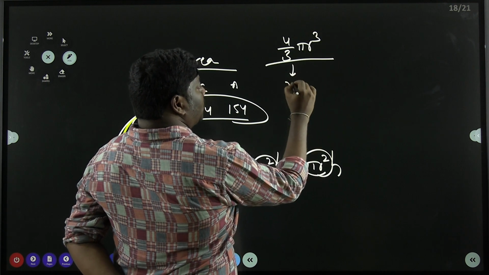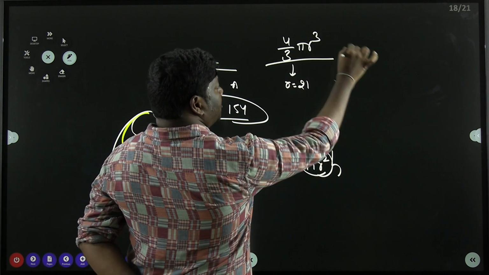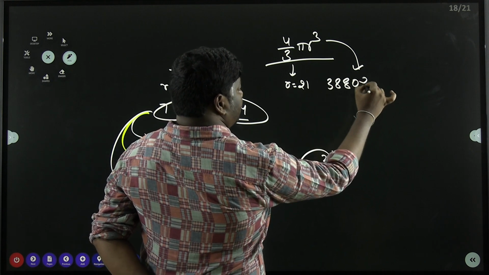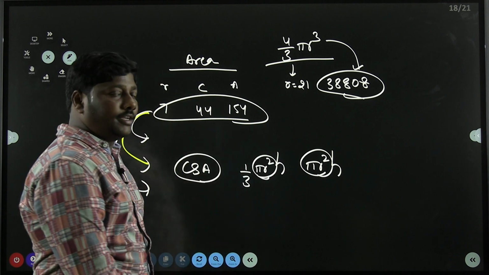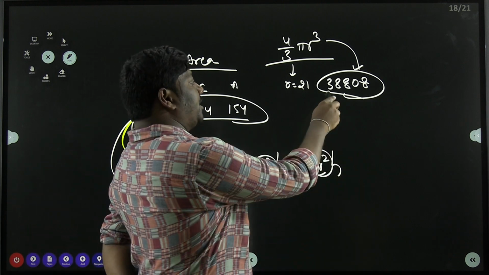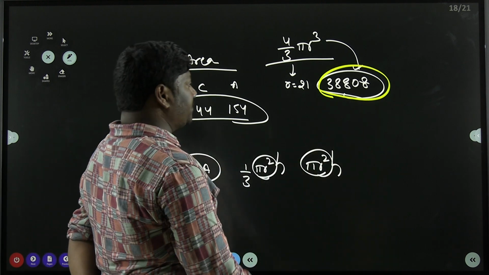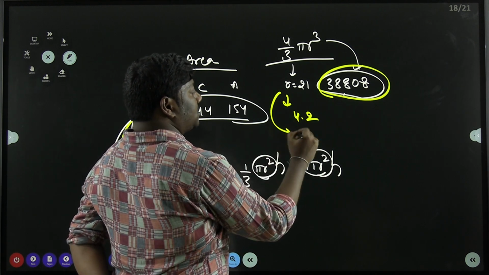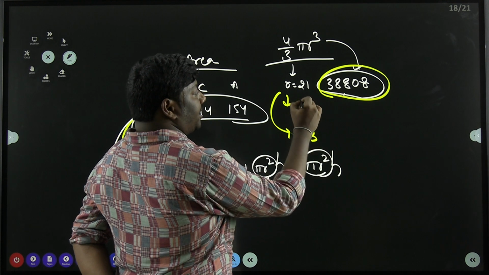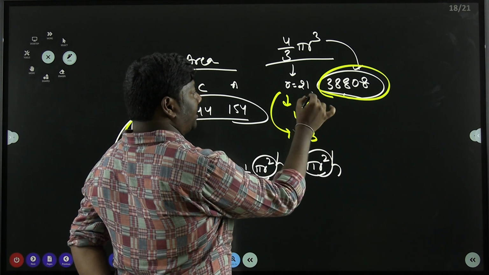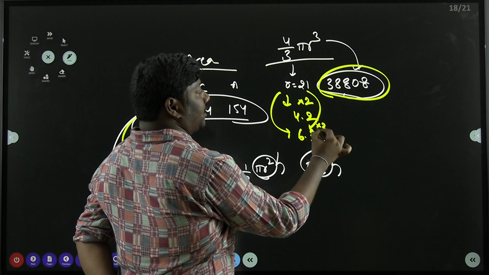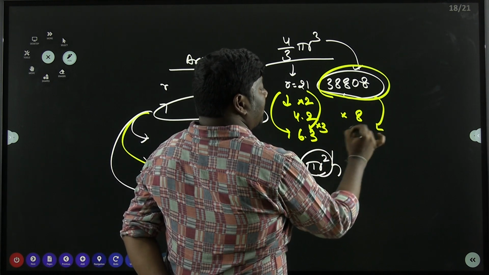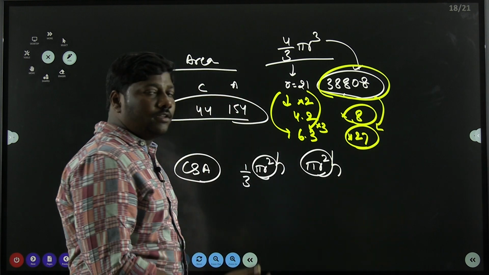When r is equal to 21, all of you must remember the volume as 38,808. This value is very, very important, because in shifts he asks you radius is 4.2 and radius is 6.3, which means radius got multiplied by 2, or multiplied by 3. If you can remember, you can multiply it with 8, or with 27, and get the values directly, or else approximate values also you can guess.